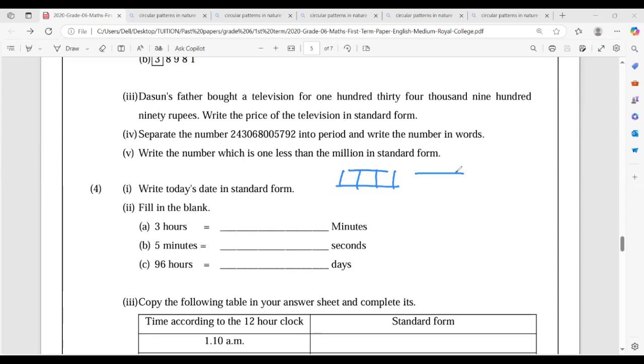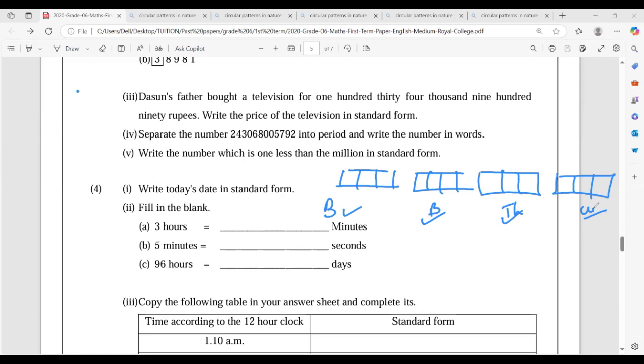The simplest method is taking these 4 periods as boxes, and then taking the number. These are units, these are thousands, these are millions, these are billions. How many billions are there? There are no billions, and there are no millions even. How many thousands? 134.